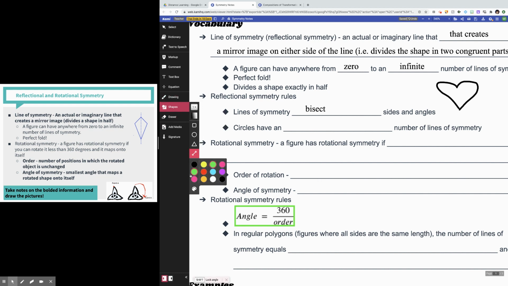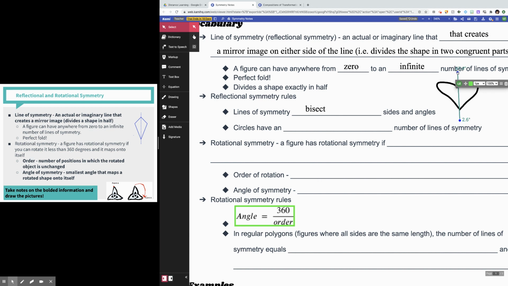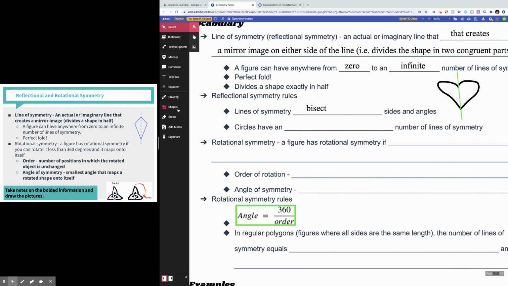If I put a line straight down the middle, it has bisected. I did not draw this very well, but you can see that this angle down here is cut in half. It's bisected.